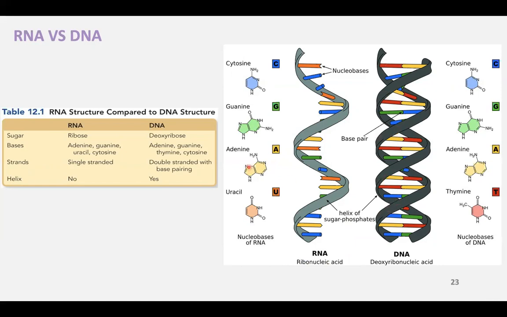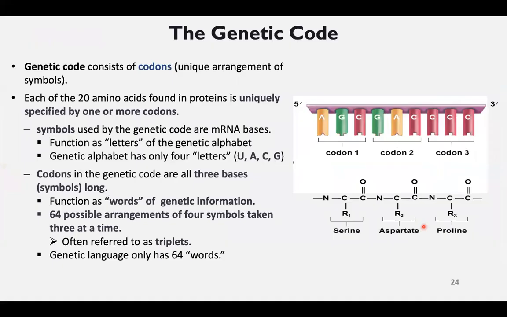Okay, the bases, what you have to know, RNA has 4, which are C, G, A, and U. DNA has C, G, A, and T. Okay, and then the sugar phosphate backbone, the sugar for RNA is ribose. For DNA it is deoxyribose. Okay, that is the main difference between RNA and DNA.